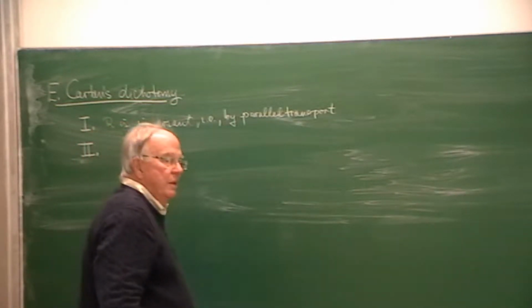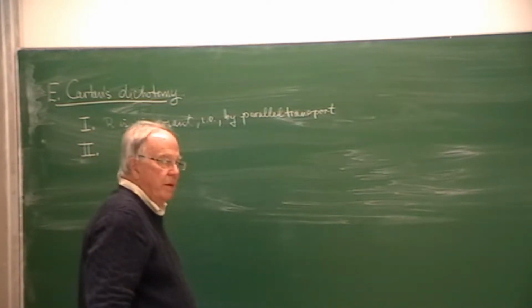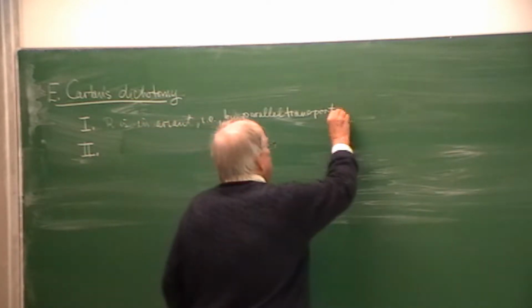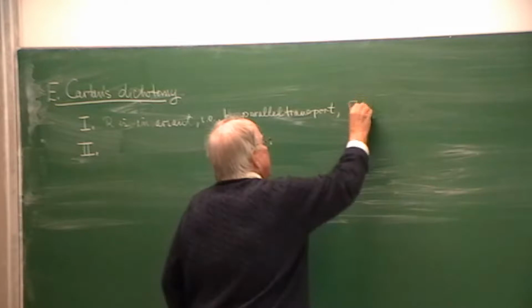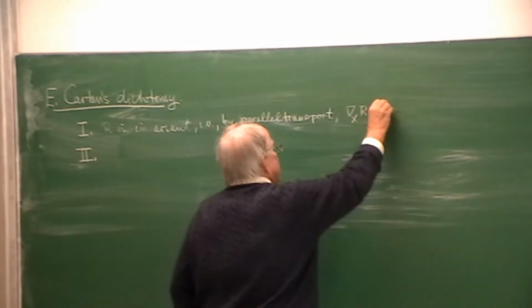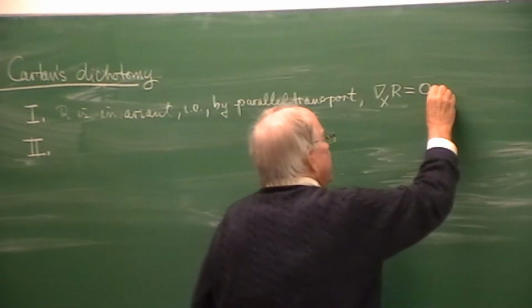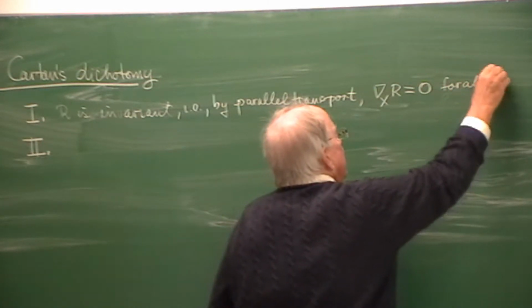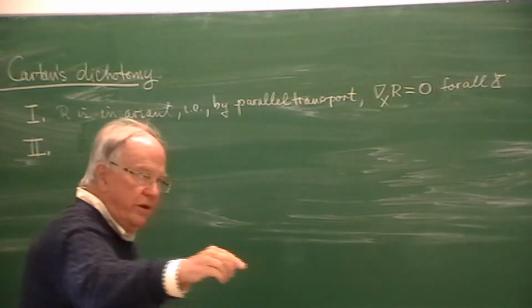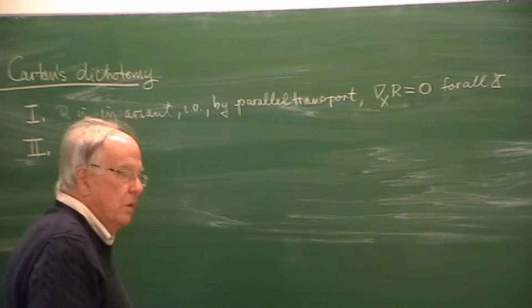But let me formulate that in another way that maybe you like better. It means that the covariant differential of curvature is zero, curvature is parallel, for every vector field X. So this means invariance by parallel transport.